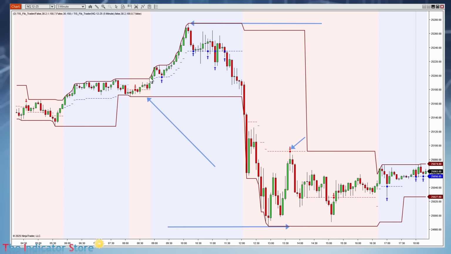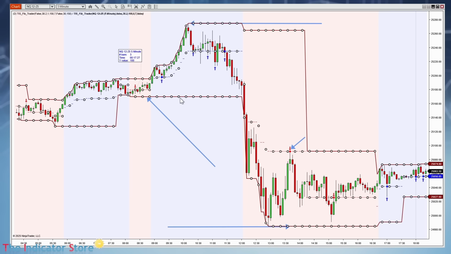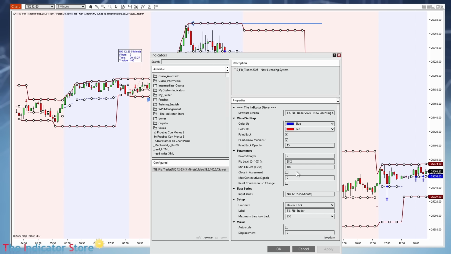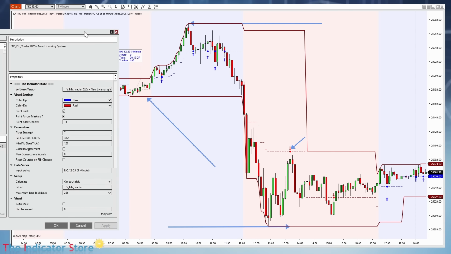Maybe we need a bigger threshold. Let's say, how much is from here to here? 100. We can add a few ticks. 120, maybe. Okay, no more shorts.